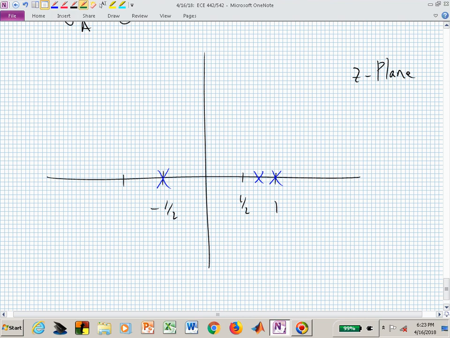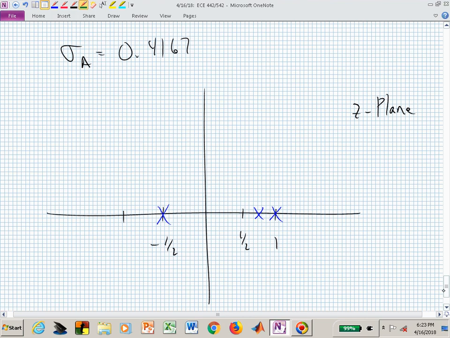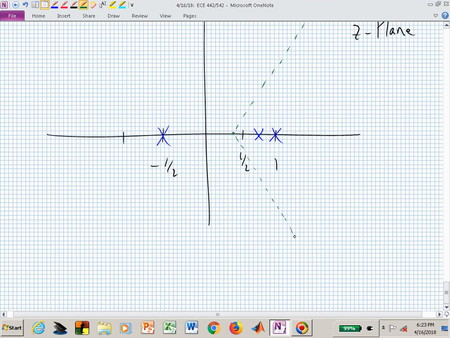Where's my centroid? So it's 80% of the distance to 1/2, isn't it? 82%. But we're now going to say it's right there, and I need to go at 60 degrees and 300, or minus 60 degrees, which that's probably not quite 60 degrees.